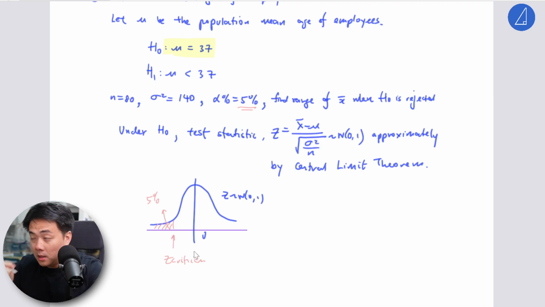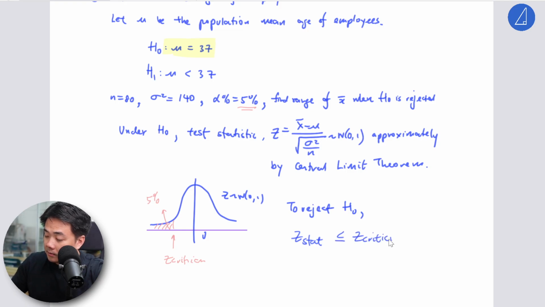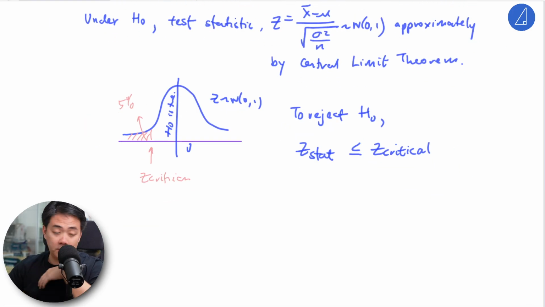Okay, not an issue. So to reject H0, we know that basically the z statistic is less than z critical, at most z critical. Okay, this is always assuming H0 is true. The closer you are to the mean, the truer you are to H0.